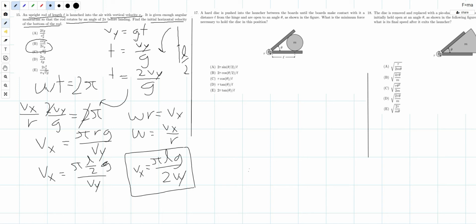So what did we do? Just a quick recap. We first calculated its airtime using v sub y and g. Then we recognized that this airtime would also be the time it spent rotating. So we substituted this into our rotational motion equation.